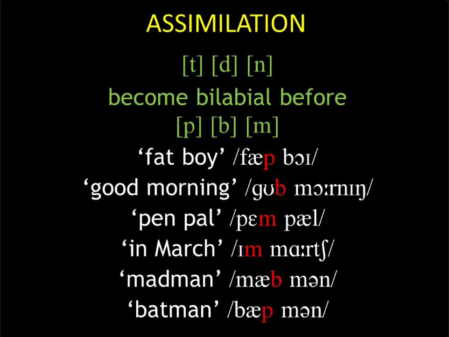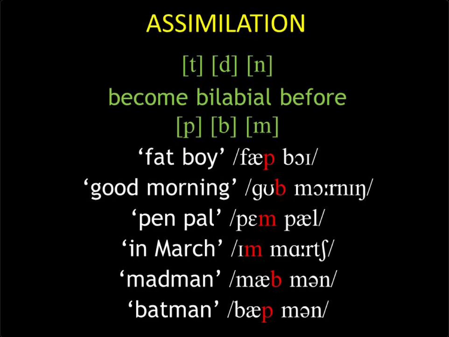I'm going to begin showing examples of t, d, and n. They are all alveolar consonants, though not all the alveolar consonants, just three: t, d, and n. They will become bilabial, so they will become p, b, and m, when they come before any of these three bilabial consonants, p, b, and m.